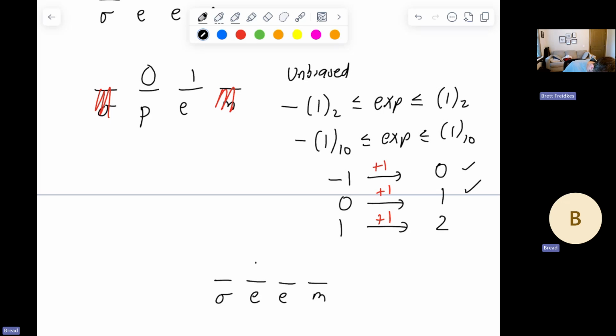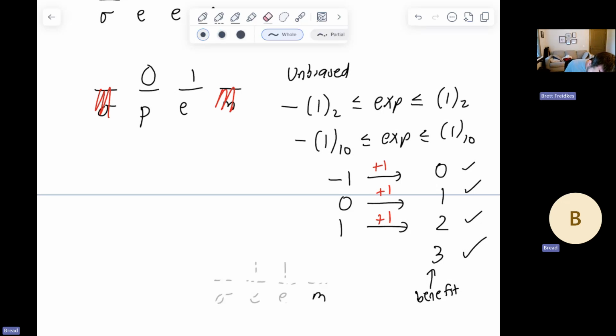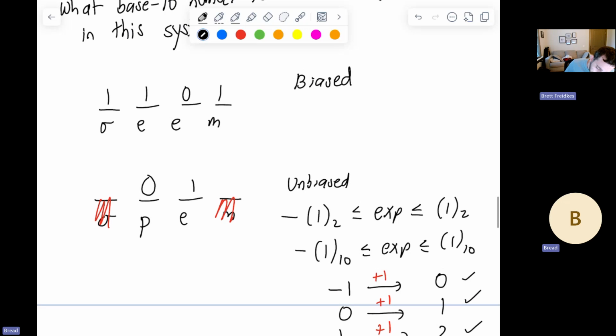The next number I can have is 1, 0, which is the 2. But because we're not dealing with plus or minus 0 anymore, we can reuse that spot and get a 3 out. Again, this is the benefit. In the unbiased system, there were 3 possible numbers we can transmit. In the bias system, it is 4. So we have added 1.